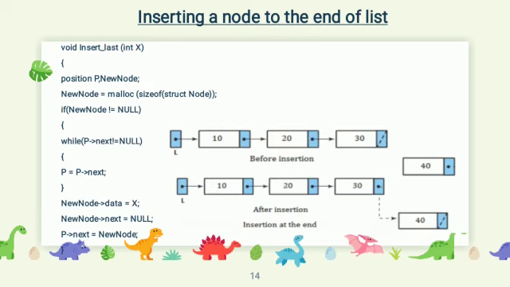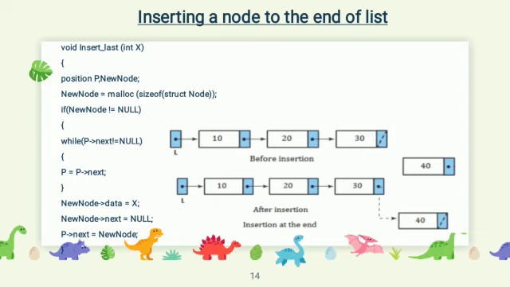Next, we see how to insert a new node at the end of the list. Return type void and my function name is insert last. Here the input is the x value, that is the data to be inserted. First, we declare the position for the new node and the current last node's position.